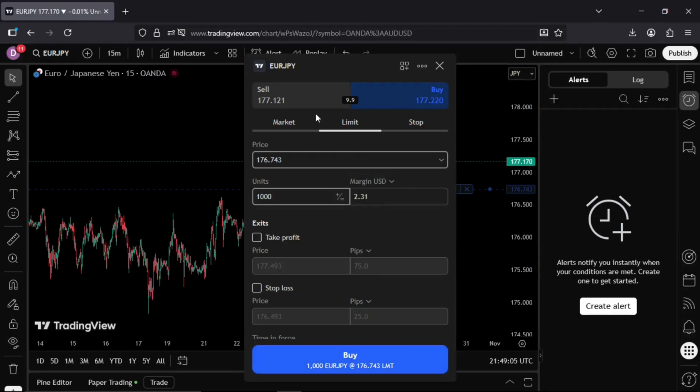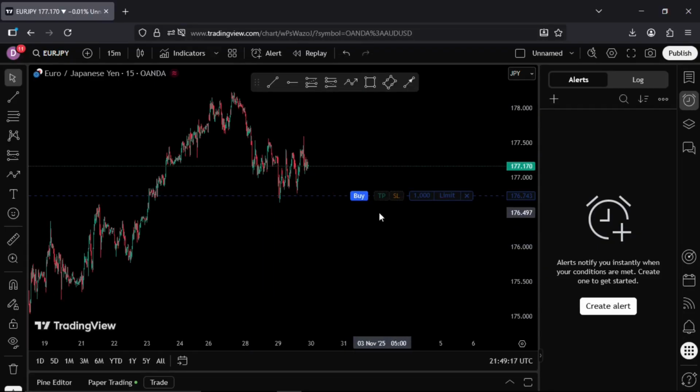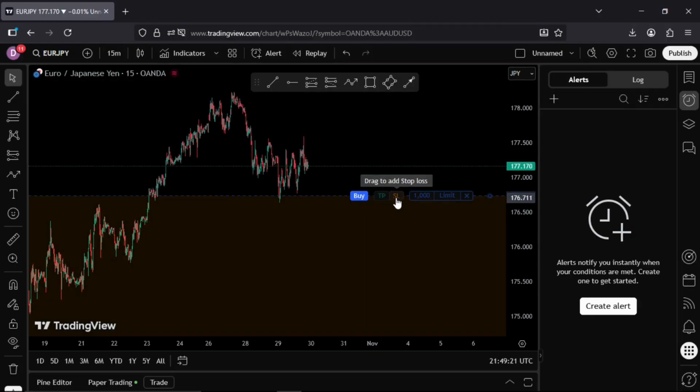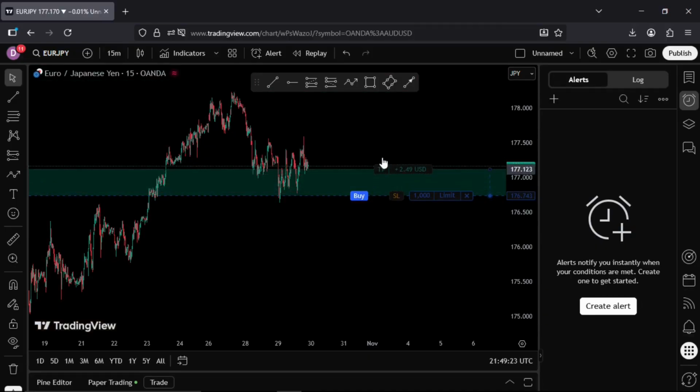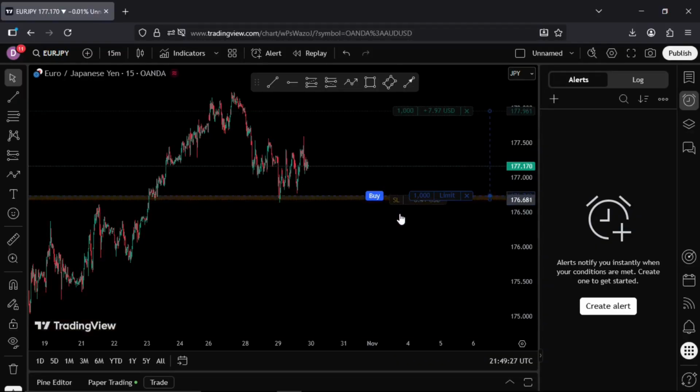If you want to place a sell limit, click sell, then click limit, then click sell. When it's placed on the chart, this is how it will look. It will have a take profit and a stop loss, and you can just drag these. I can drag my take profit up there, then my stop loss down here.